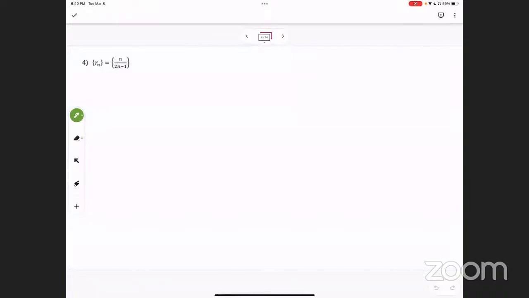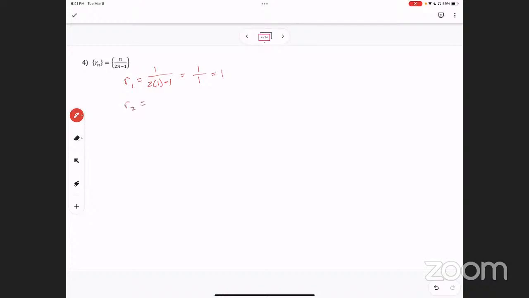So for this one, again, listing the first n terms, or the first 6 terms rather. So the first term is going to be 1 over 2 times 1 minus 1, which is 1 over 1, which is just 1. Got it? Yes.